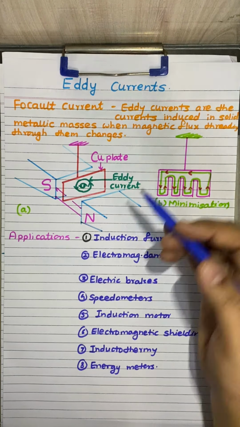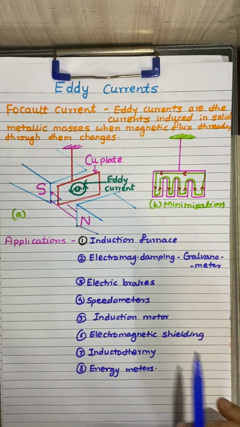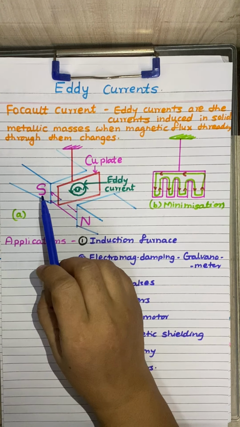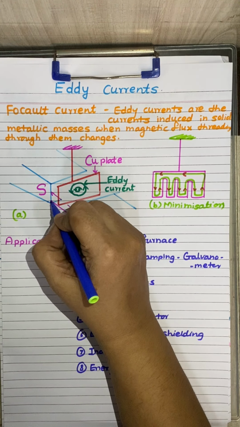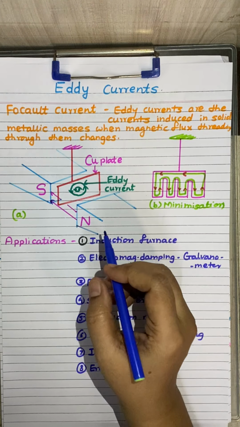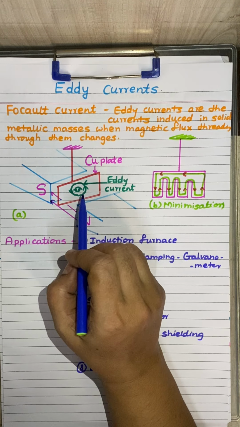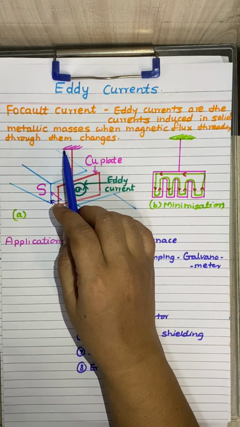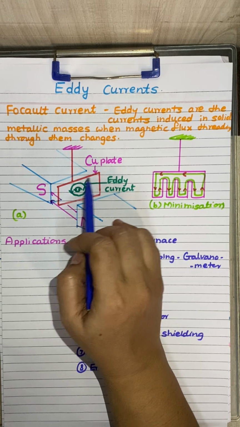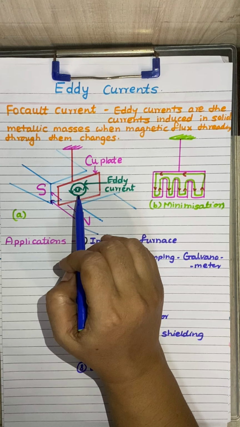For that, we are going to consider the first experiment. Here we have a south and north pole, and the magnetic field direction is shown by the pink lines. We have taken a pendulum having its bob in the form of a plain copper plate. This is a hanging wire, and to that wire we have connected a copper plate, as shown in this diagram.